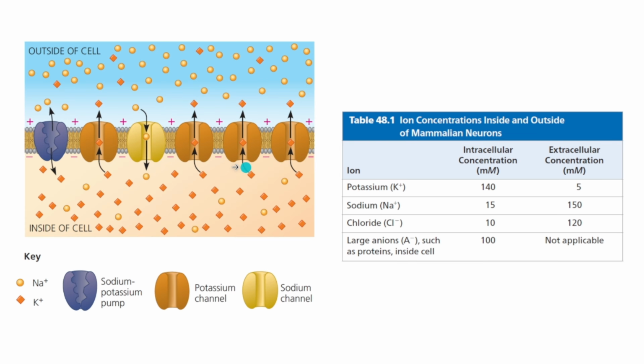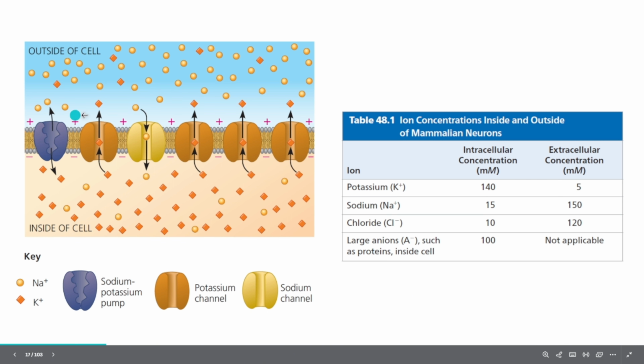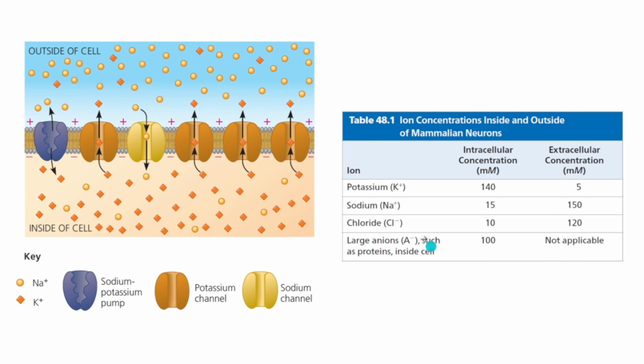Because the membrane is not permeable to these negative counter ions and potassium ion has diffused out, they remain inside the axon. These large ions cannot pass through because there are no channels for them, and large ions cannot directly pass through the phospholipid.